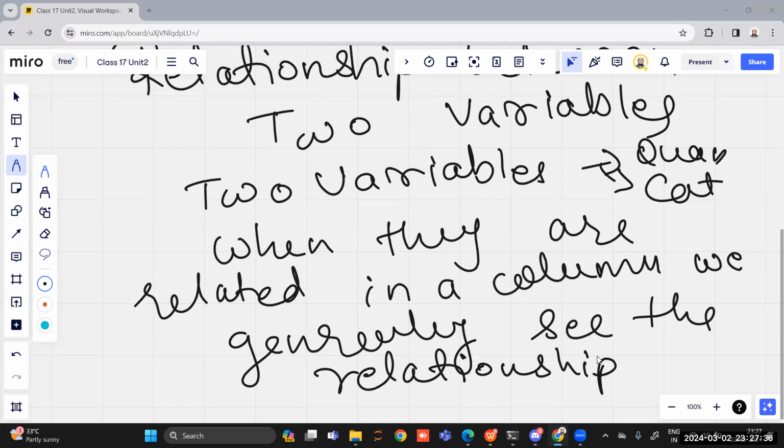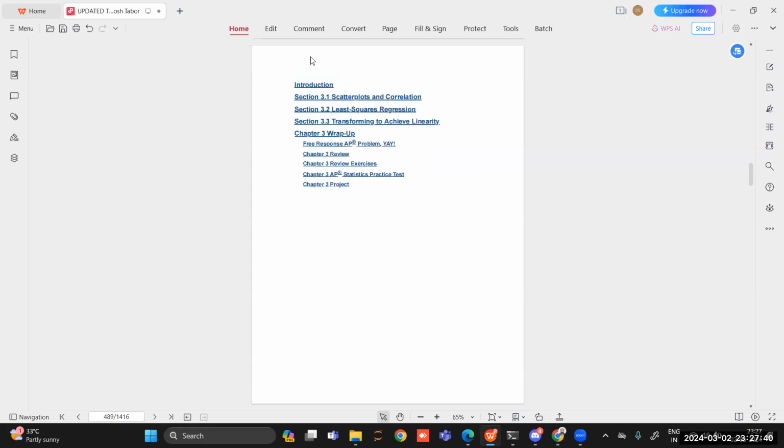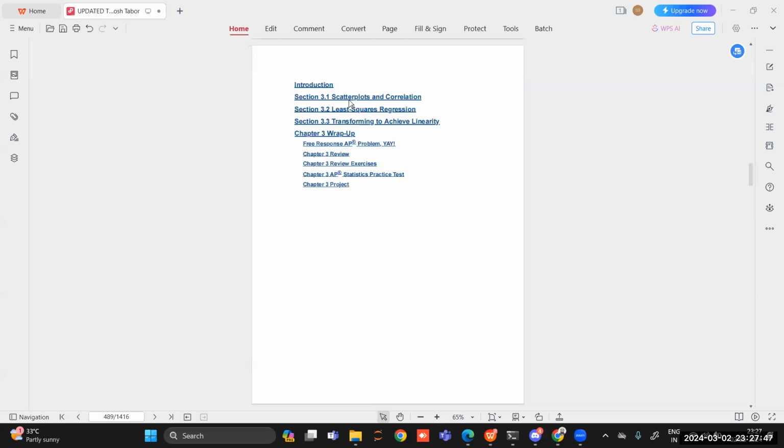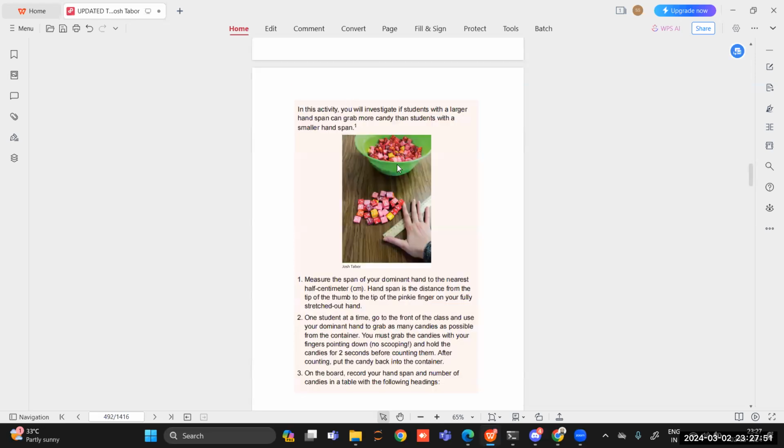So, what task has he given here? See the introduction, in which we see different things. As we have started the topic, the introduction is measuring the size of our hand and seeing how many candies fit in our hand.